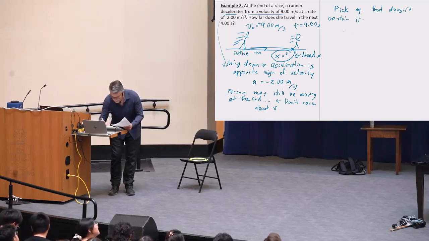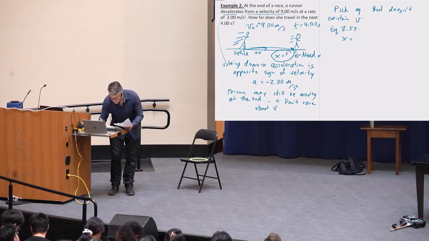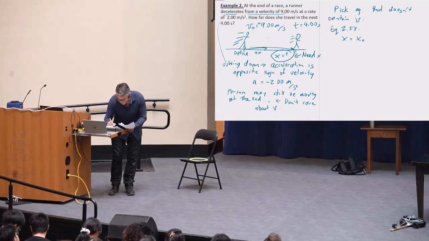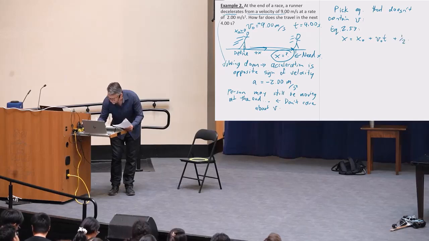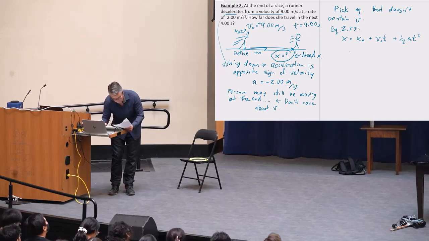I think it's equation 2.53. x is equal to x0, and I'll say that x0 equals 0, plus v0 t plus 1/2 a t squared. Again, we're solving for x, so it's already solved for x, and we can just start plugging in.